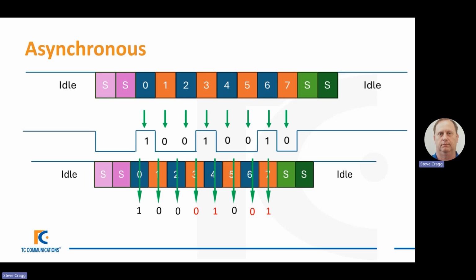And although this is an extreme example, this is probably showing around 10% slippage. What we can say is, if it was 1% and you sent a string of 50 bytes, all in a row without the idle tone, without the start and the stop bits, it's almost certain that you would see this effect over that amount of time.